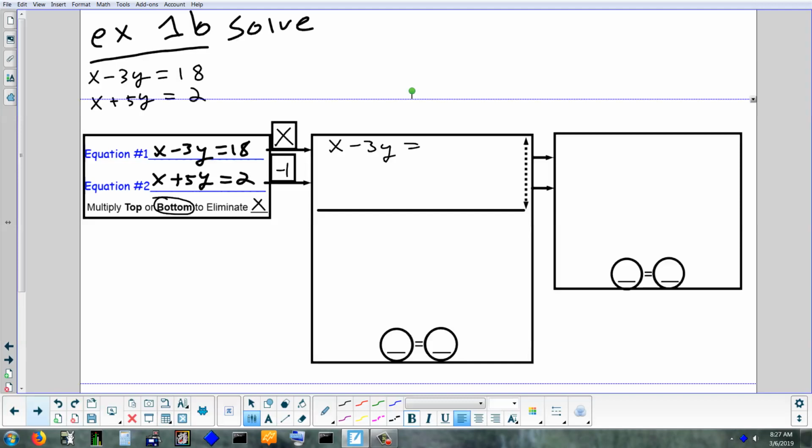So top equation, copy it over. X minus 3y equals 18. Bottom equation. Can somebody tell me, once I do this, what the whole bottom equation is going to be? Once I multiply by -1.